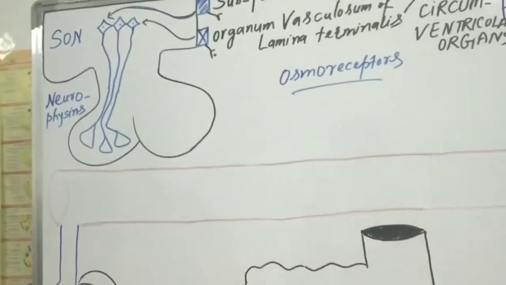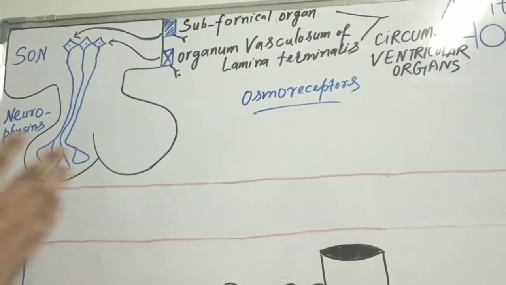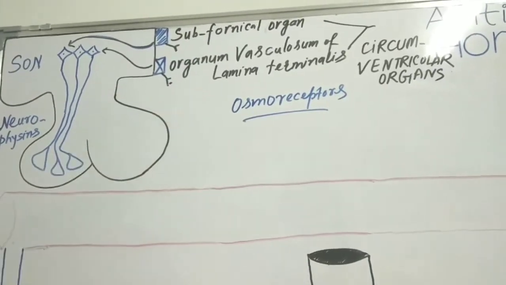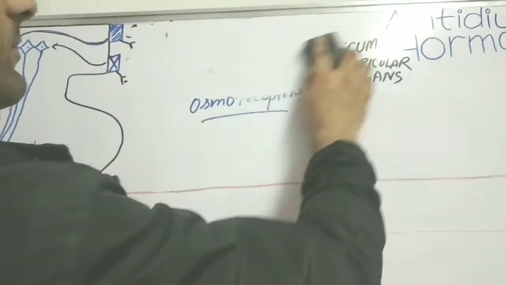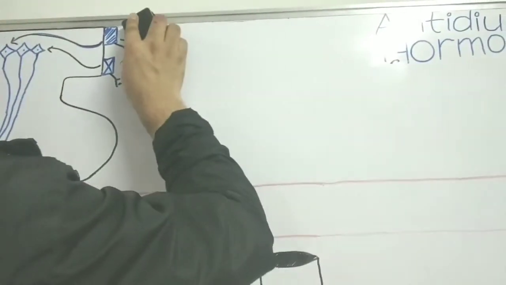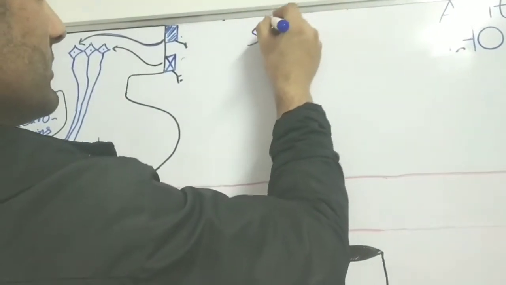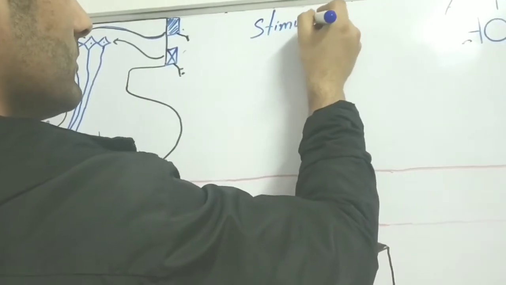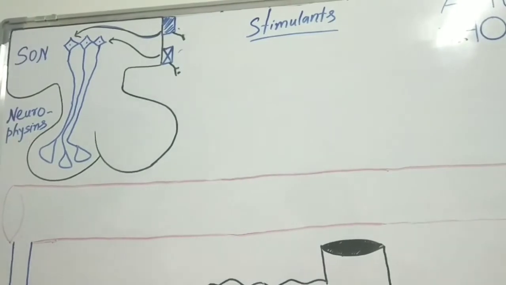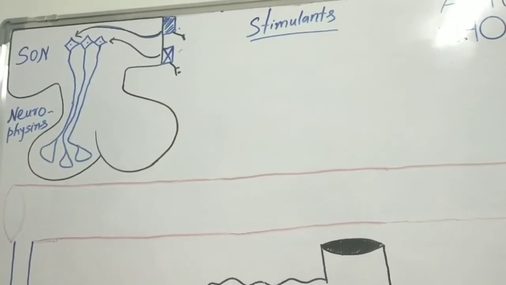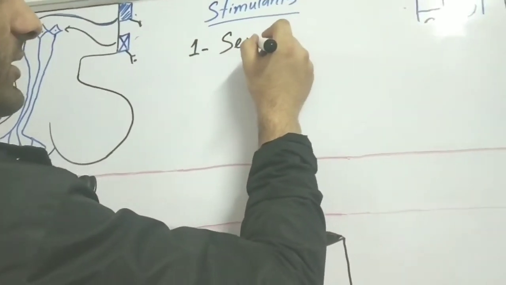Now, what are the factors which can stimulate these osmoreceptors? Let me write here the stimulants of the osmoreceptors. The first stimulant of the osmoreceptors is if there is severe nausea or vomiting.